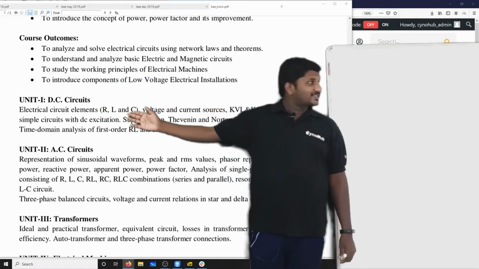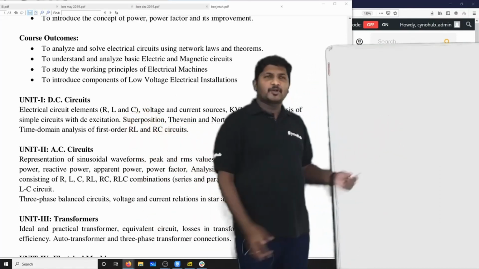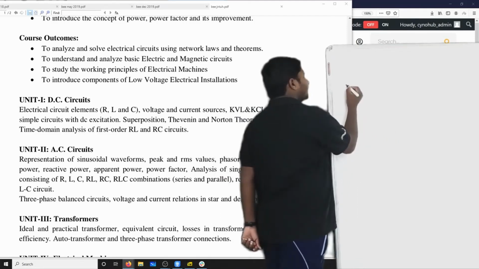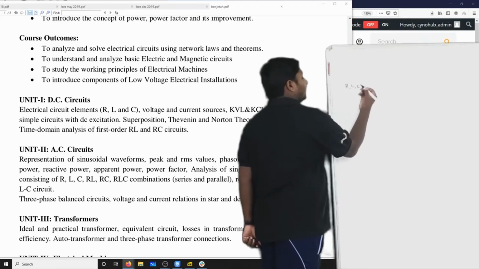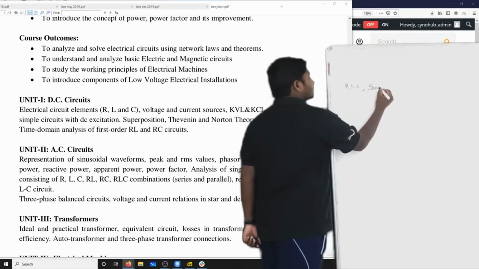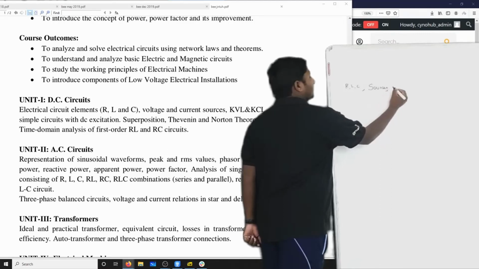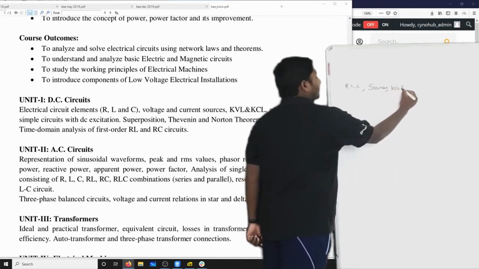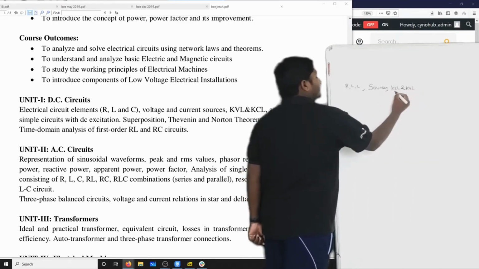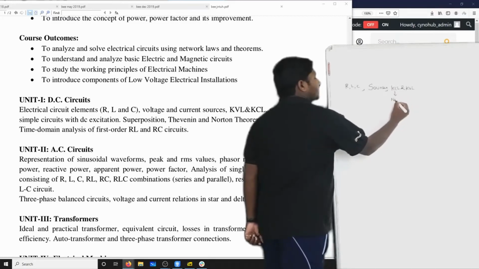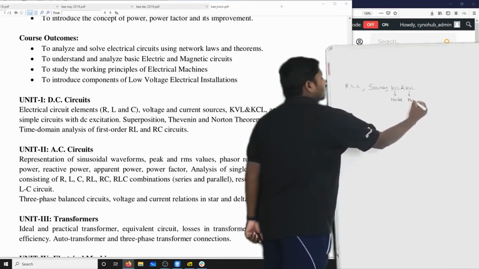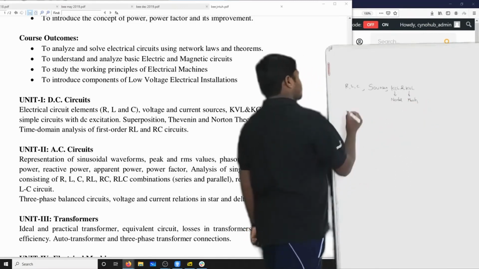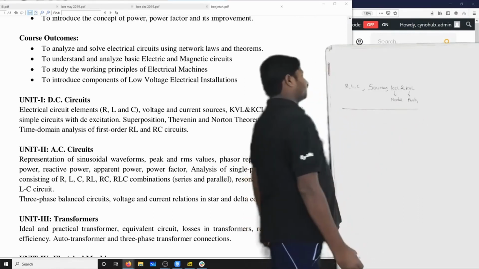Part 1 I will take as RLC parameters, different types of sources, and KCL and KVL. KCL's application is nodal analysis and KVL's application is mesh analysis. This is part 1.